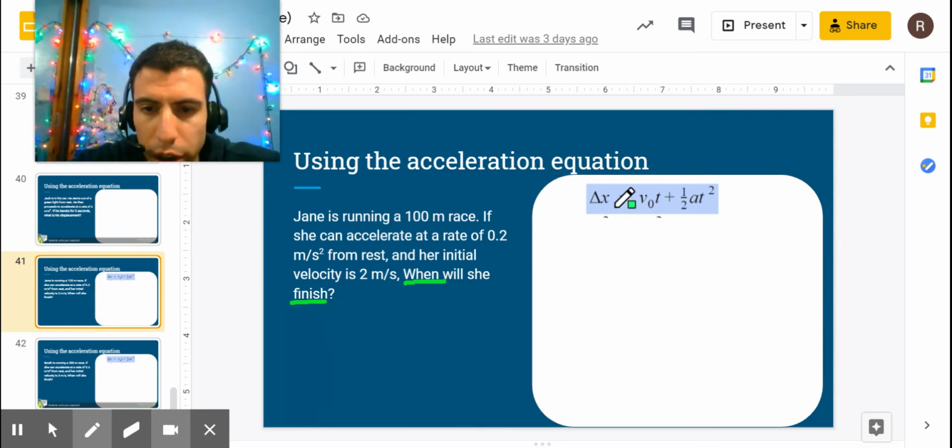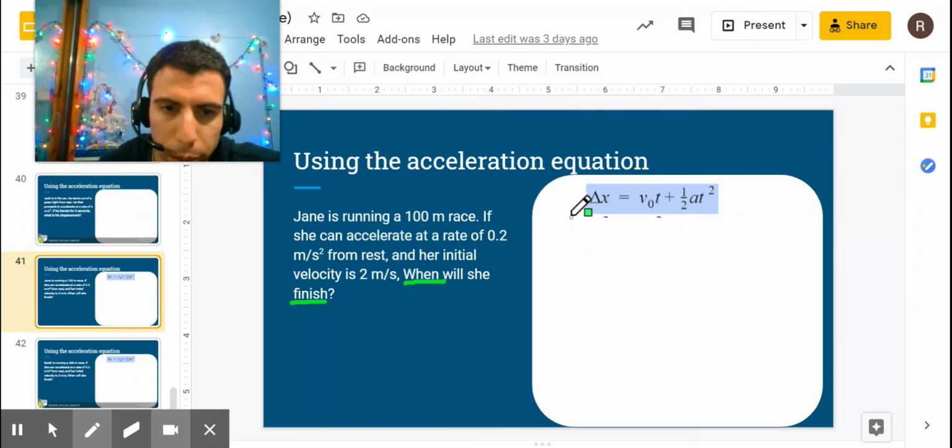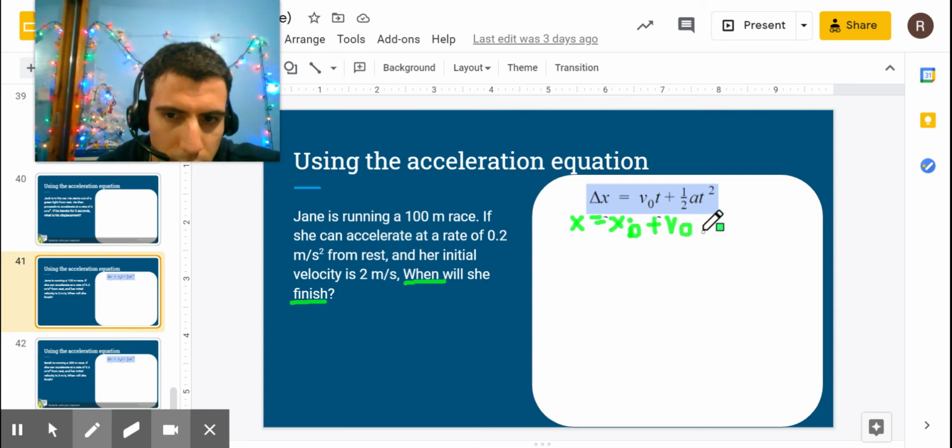We have our x equals v naught t plus 1/2 a t squared, or if we expand it out, x final equals our initial placement, x naught, plus v naught t, plus 1/2 a t squared.